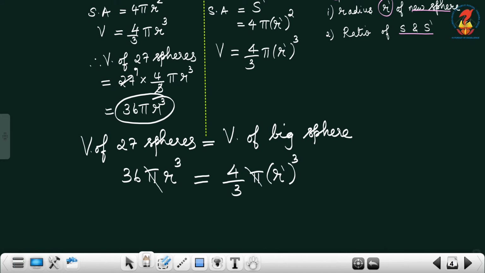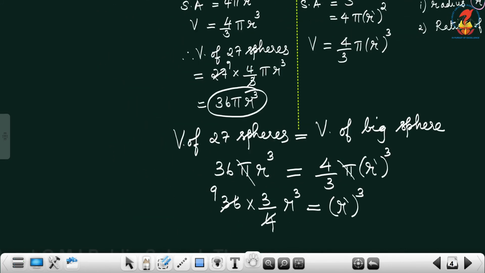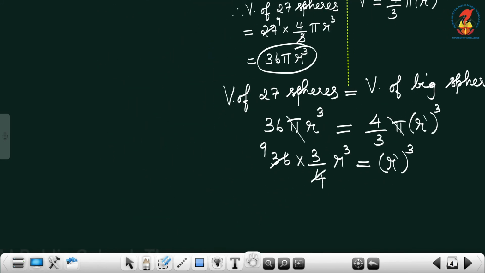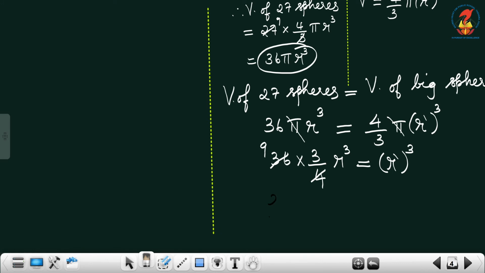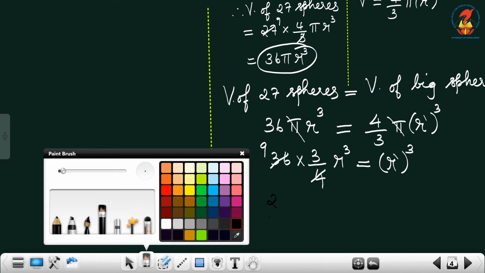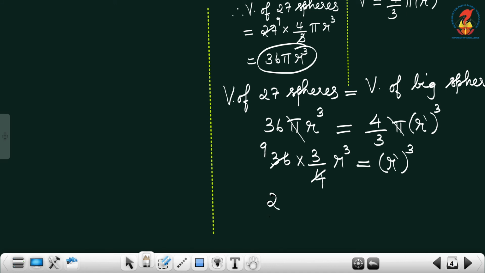Pi and pi gets cancelled. I am taking 4 by 3 to the other side. So 36 into 3 by 4 r cube is equal to r dash cube. 4 goes in 36 9 times. Nine threes are 27.